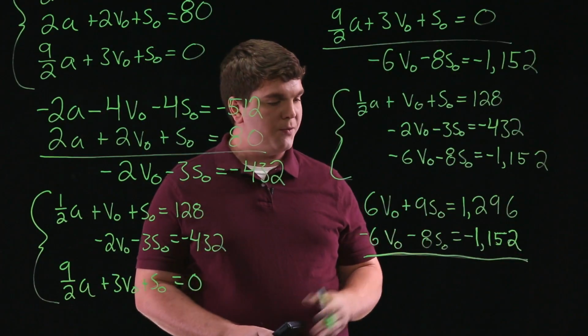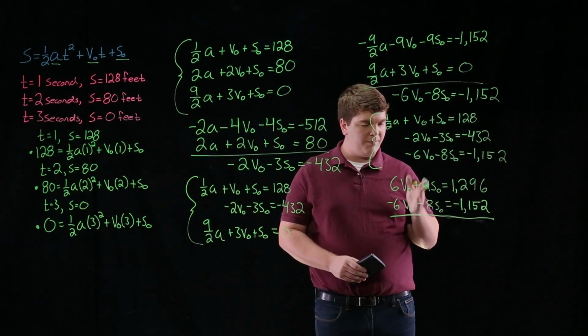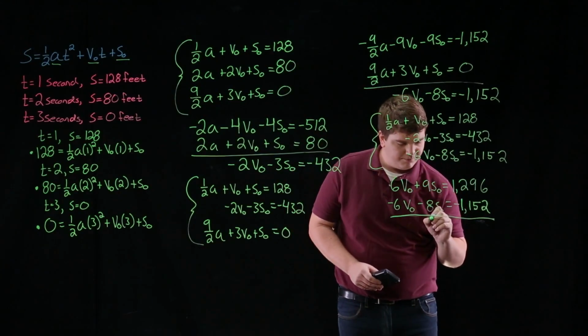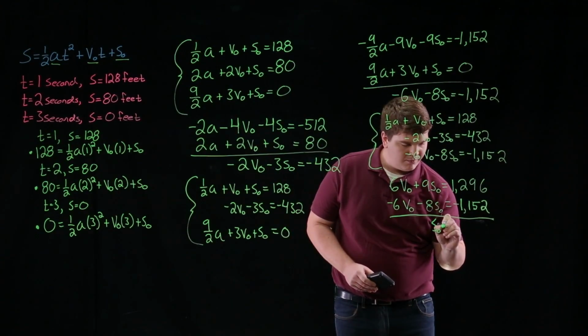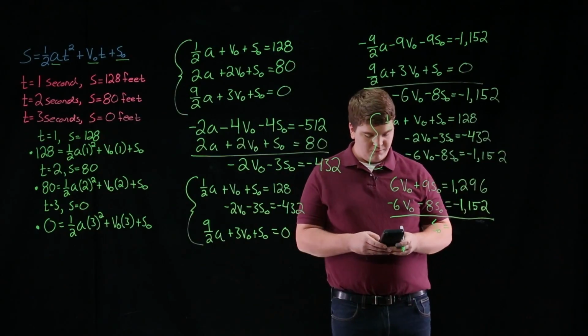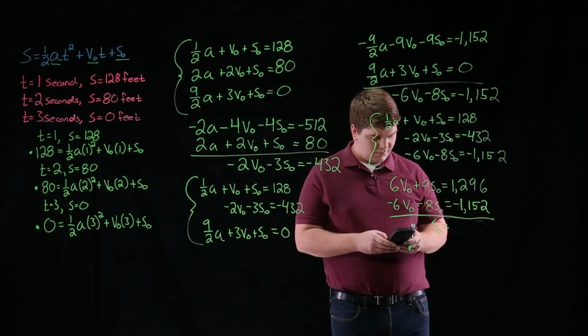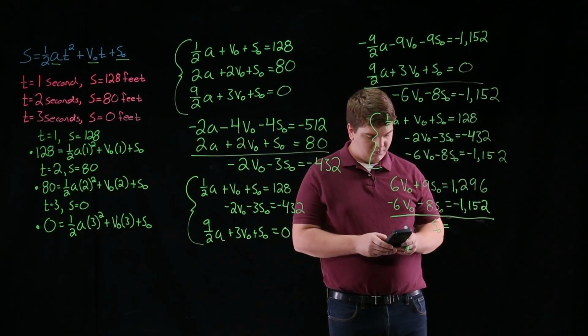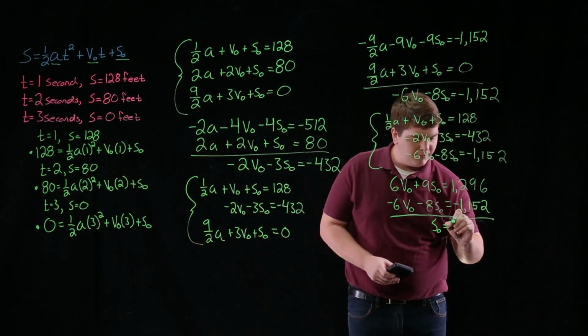Now adding these two rows, we'll obtain a 0 V naught, a 1 S naught, and this will be equal to 144.